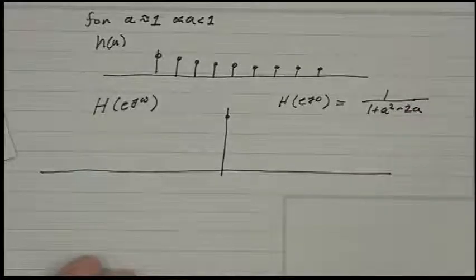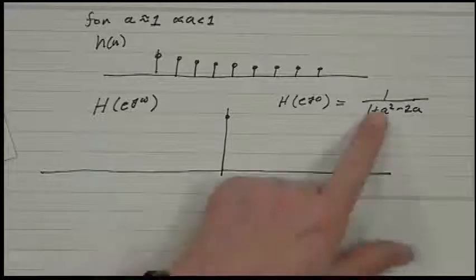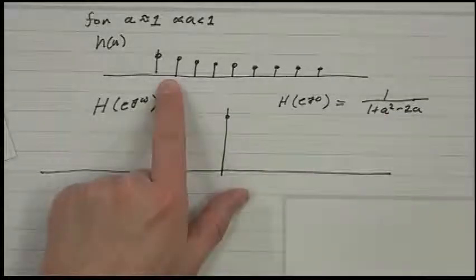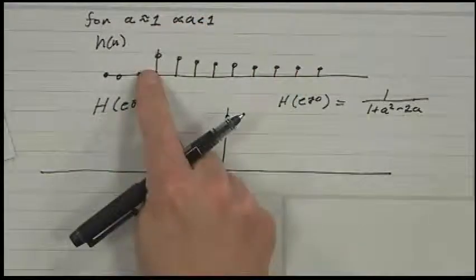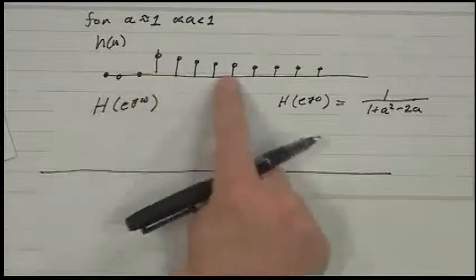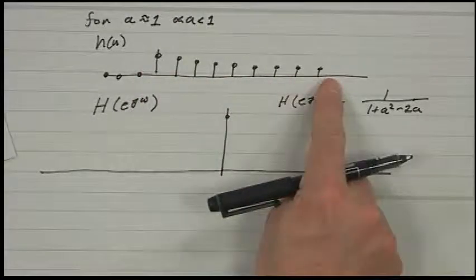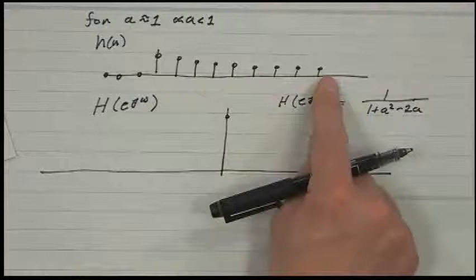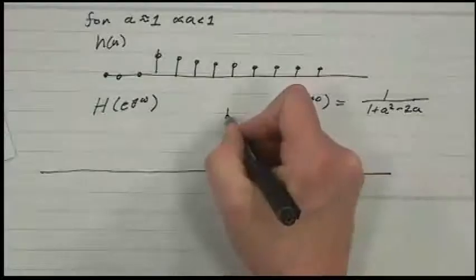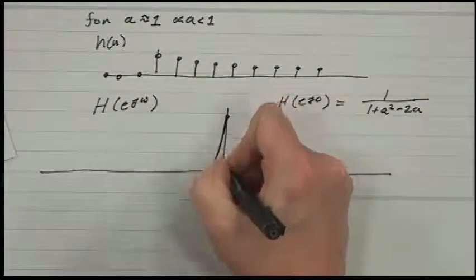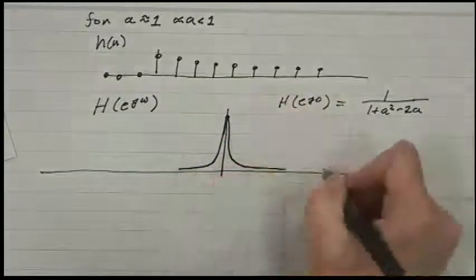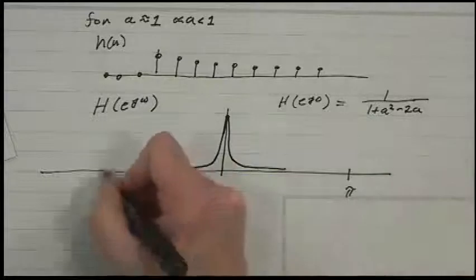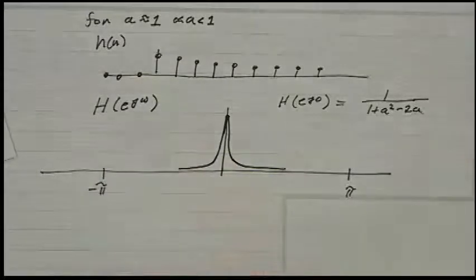So that's going to be large, because this sum is large, right? Remember, the amplitude at 0 is the sum of the impulse response. That's the recurring theme. So it's going to be like this. I'm just drawing it. And over here is going to be, say, pi, minus pi.